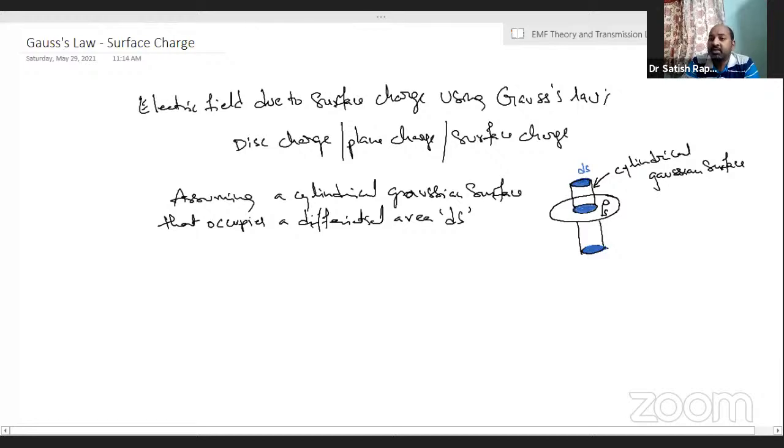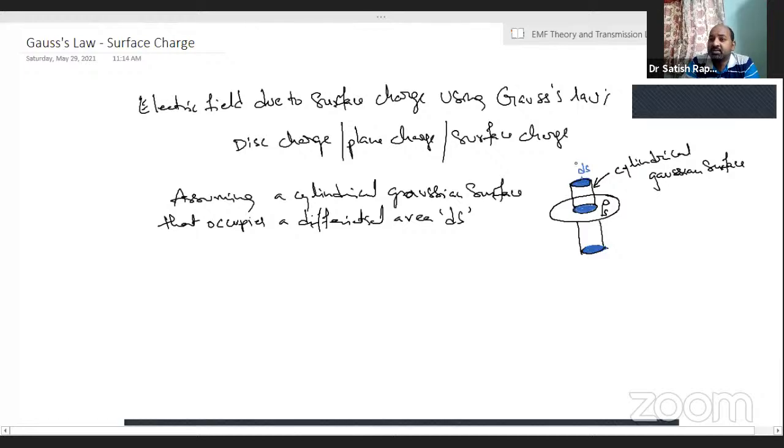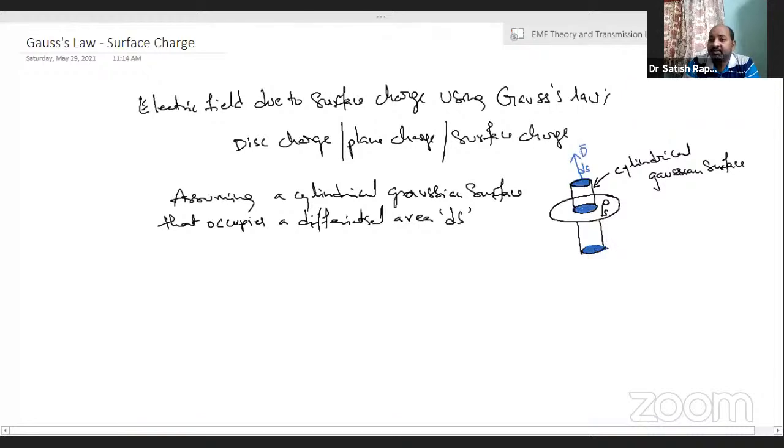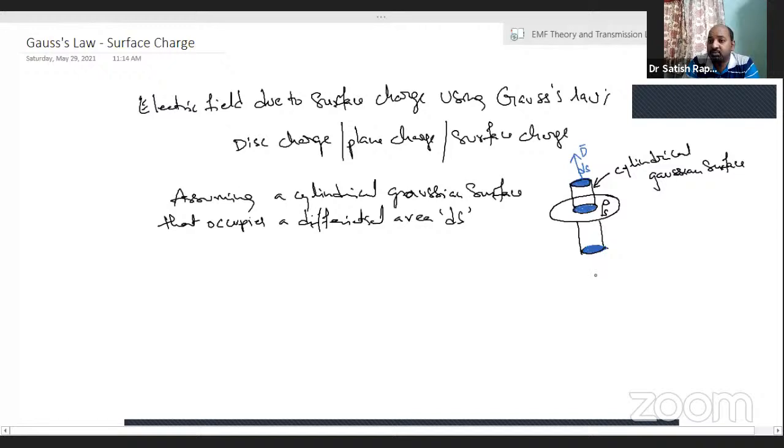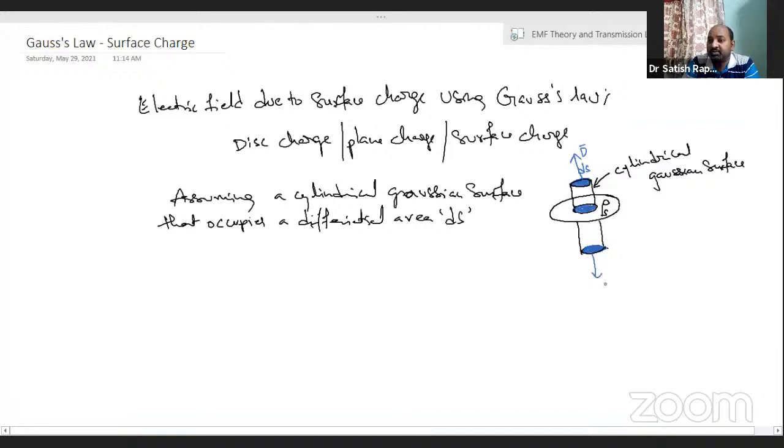So the direction of electric field is this one. This is the direction of electric flux density, in other words, right?